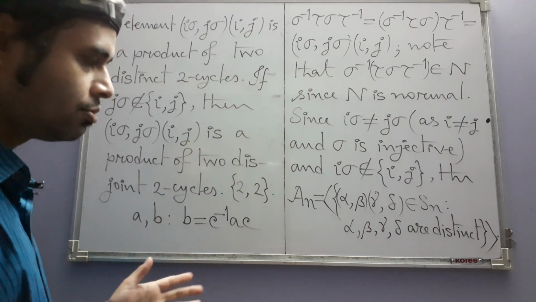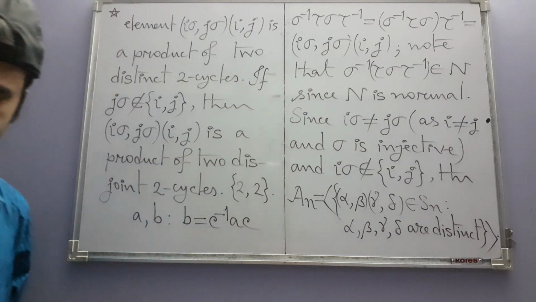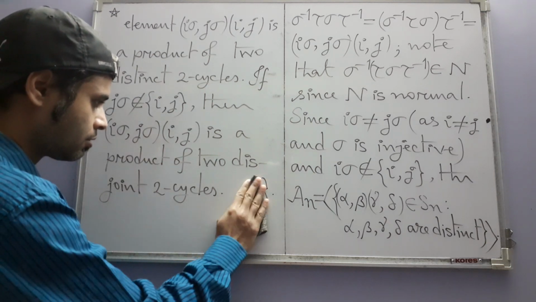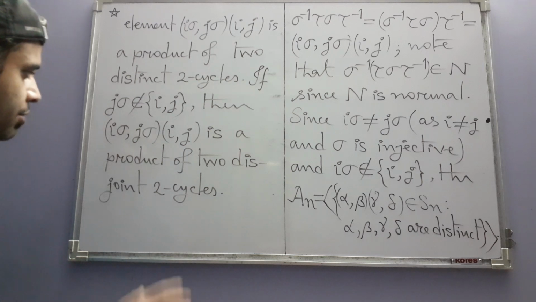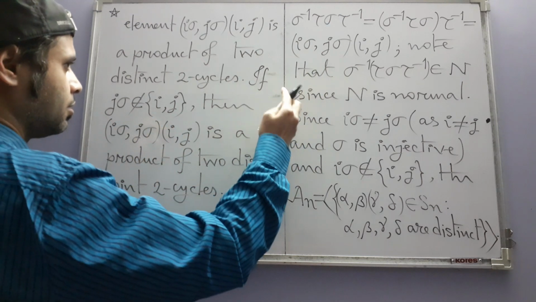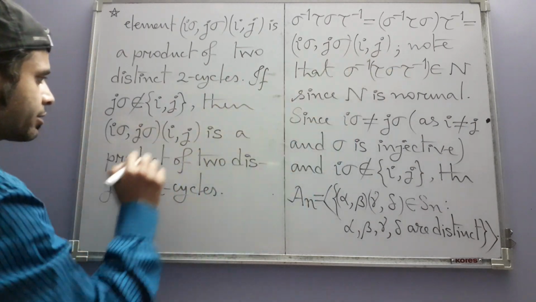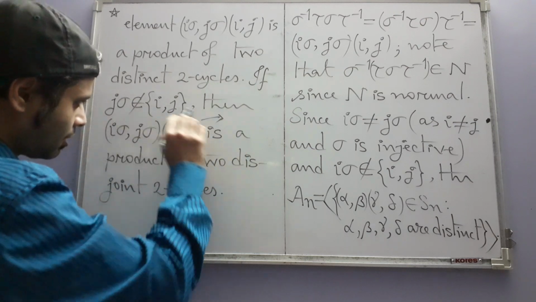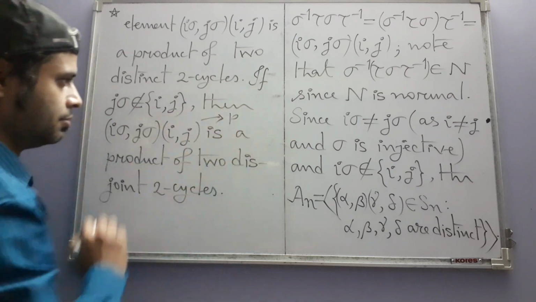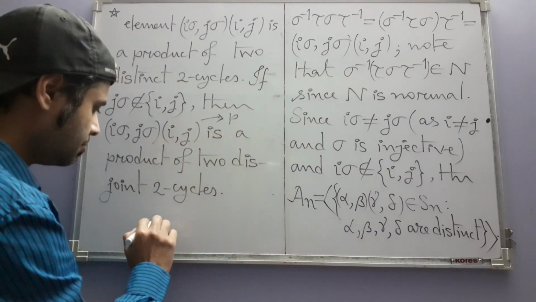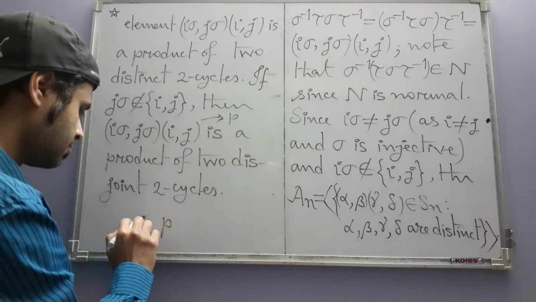But how do those elements look? They naturally look like this. If we are calling this element something, just for the sake of writing things quickly, if we call this product say P, then any conjugate to P looks like this.